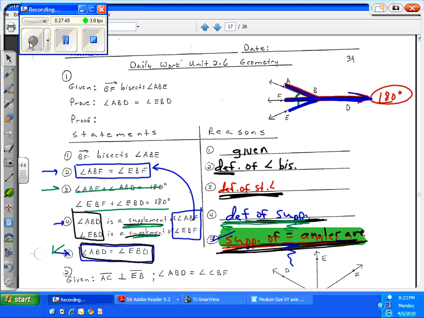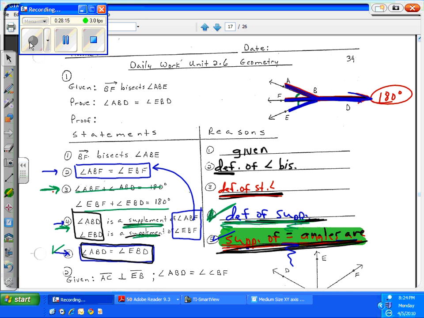Well, here's the word, so we need that statement. And what we get out of supplementary is that the sum is 180, and so I need this statement and this statement to be able to make the reason definition of supplementary. So this reason is justified in these two statements.